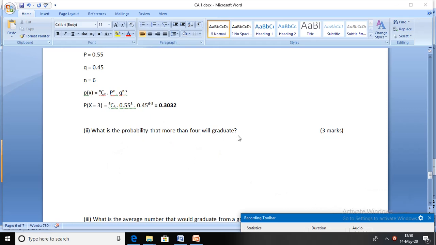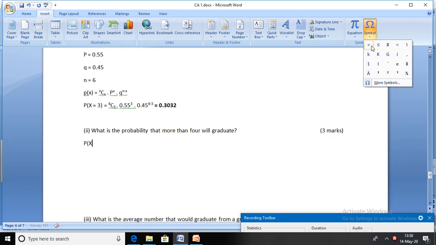So what's the probability of more than 4? Probability of x being greater than 4 will be equal to probability of 5 or the probability of 6.